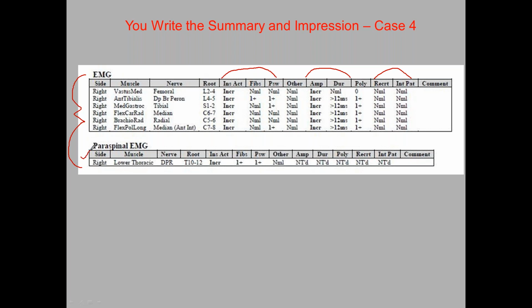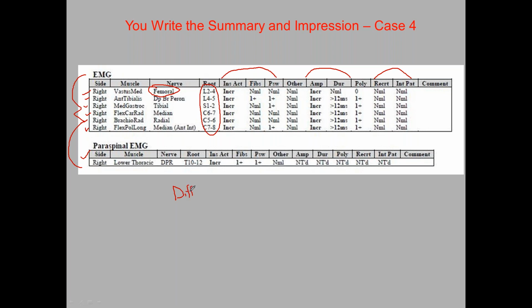I got thoracic paraspinals. I got 5-6. I got 7-8. I got 6-7. I got S1-2, 2-3-4, 4-5. There's no pattern. There's no pattern to nerve. There's no pattern to root level. There's no pattern to plexus. It's diffuse.